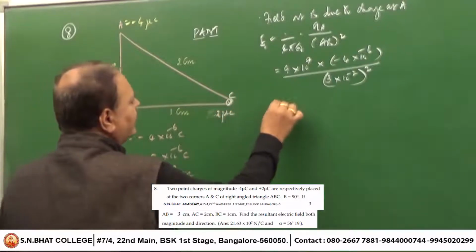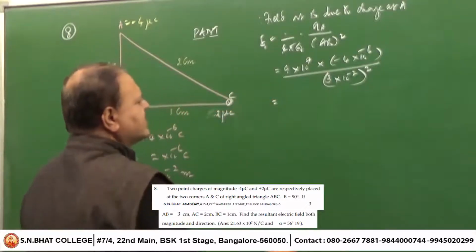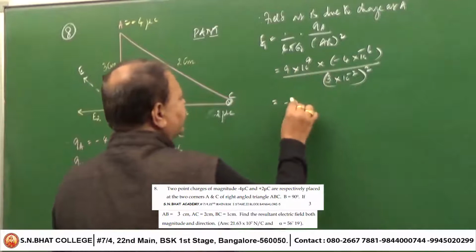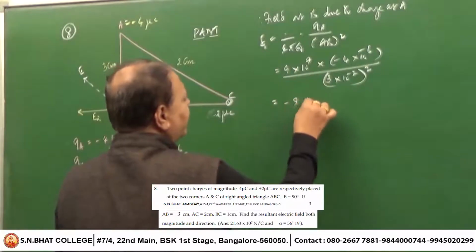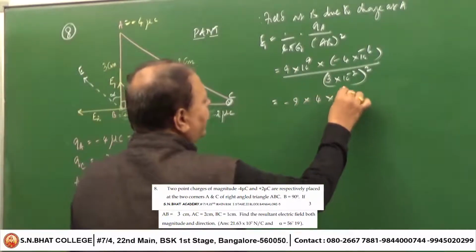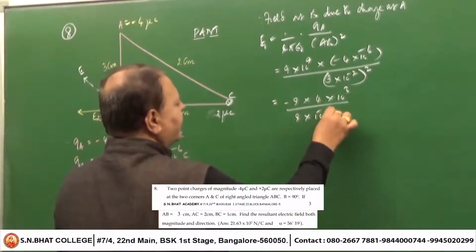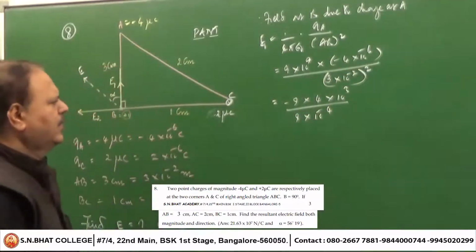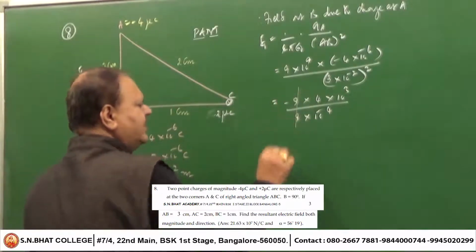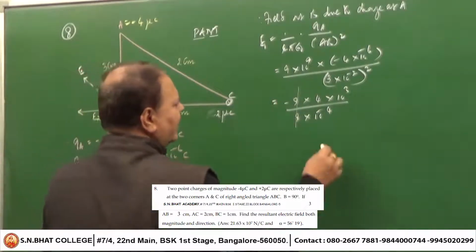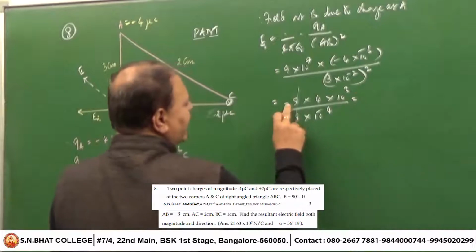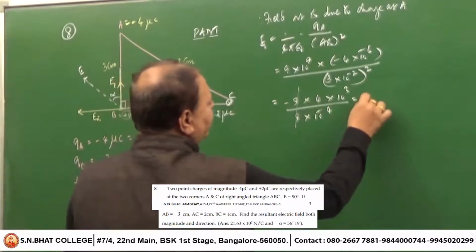Now you continue with the calculations. This is 9 into 4 into 10 to the power of plus 3. You have got 9 into 10 to the power of minus 4. 9 and 9 get cancelled. And therefore your value would be minus of 4 into 10 to the power of minus 7.